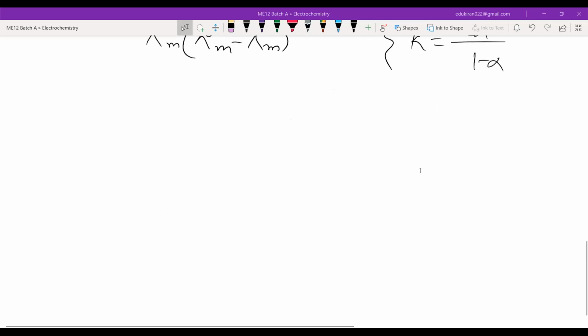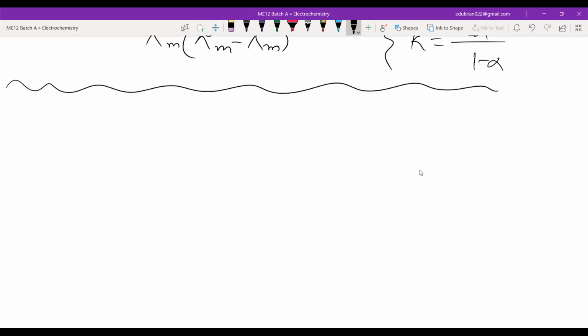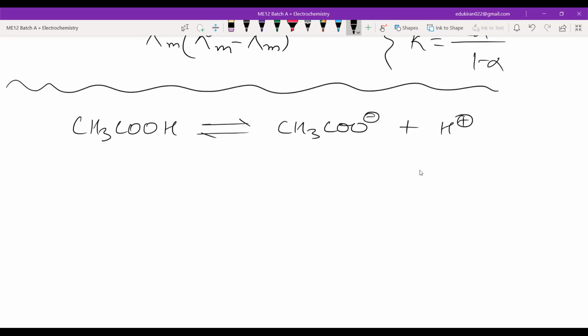Okay, fine. So this is equilibrium, class 11th. Just to revise here a bit. For example, we have CH3COOH. This will dissociate into CH3COO negative plus H positive. Now initially, let us say t is equal to 0, this has concentration C, and this will be 0 and this will be 0, because nothing has started as of now.